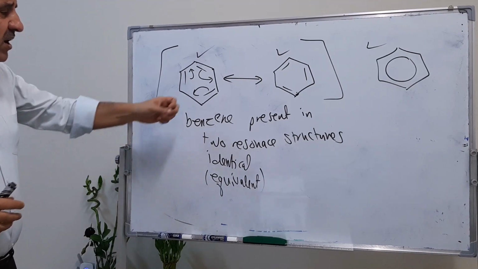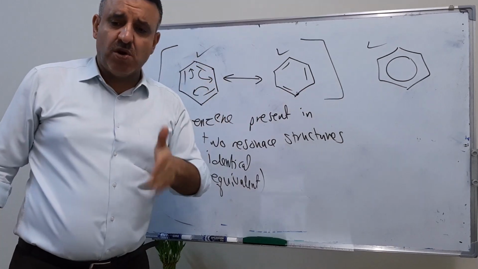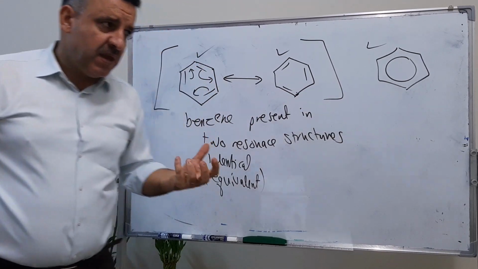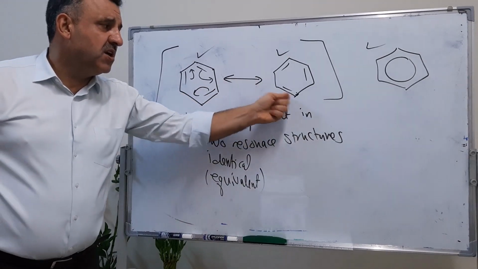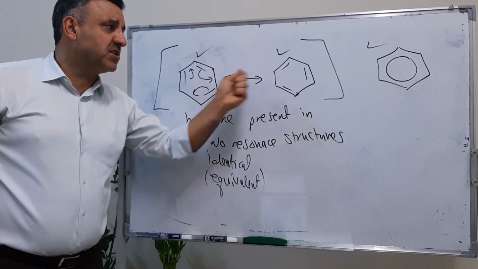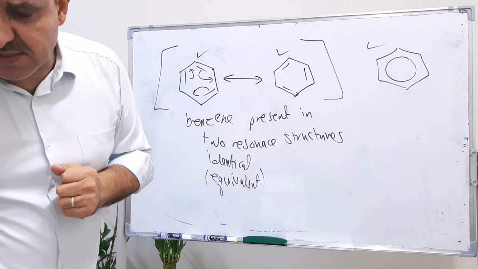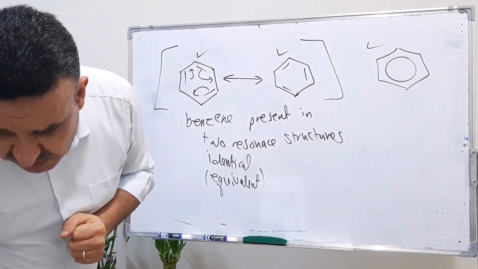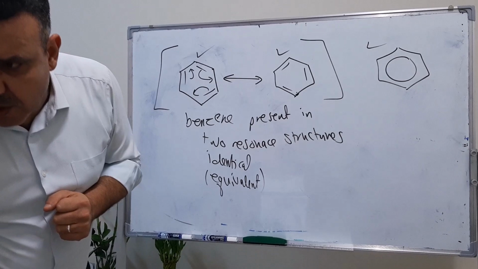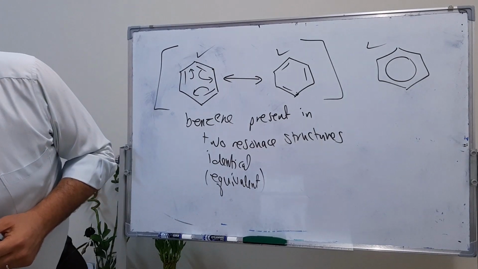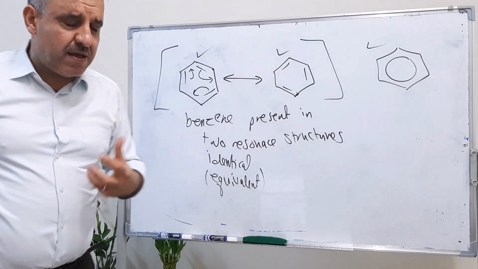But even if we write the structure of benzene as this or that, we must always remember that the actual structure of benzene is a combination of two equivalent resonance structures, which makes the real behavior of the benzene system. Clear, guys, so far? Yes. All right, and that's actually why the benzene system has special stability.